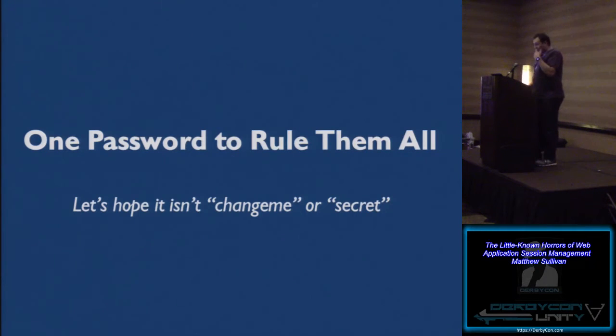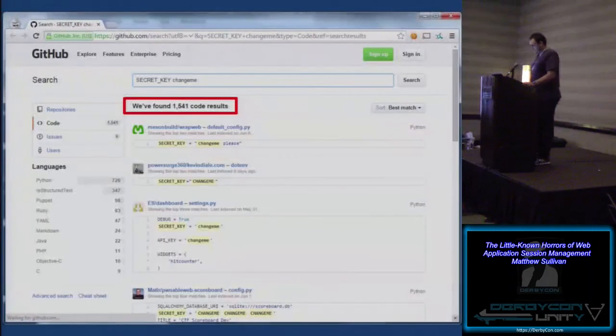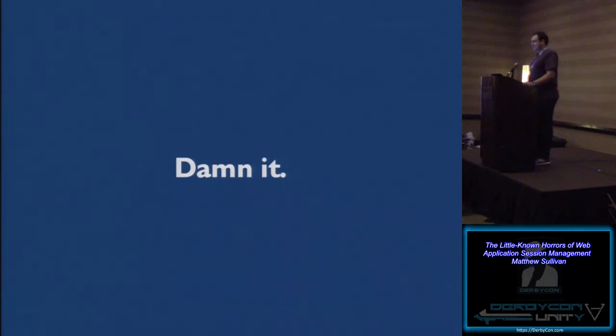So we just have to hope, we have to hope like hell, that the passwords people are using aren't something like "change me" or "secret." The entire security of the entire application rests on this one single string, and that string is probably checked into your source control. So, if you even suspect this could be happening in your applications, be awfully careful.